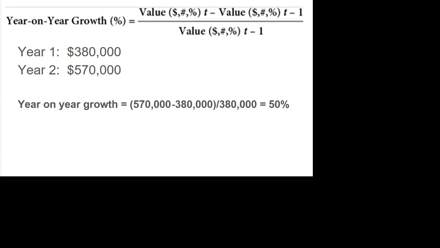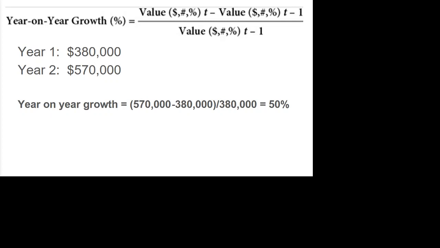Now, this calculation provides a good apples to apples comparison for year-on-year, provided nothing else changed. But if you're, say, a retailer who has a number of locations, what if you added a new location or 2 new locations or 3 new locations?